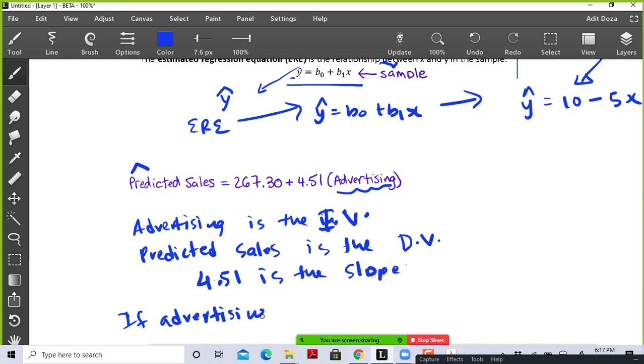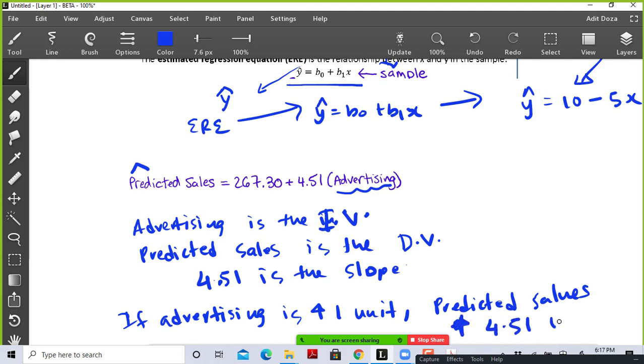Yes. So it will change by the amount of the slope. So if advertisement is increased by 1 unit, predicted sales would increase by the slope amount, so it would increase by 4.5 units.